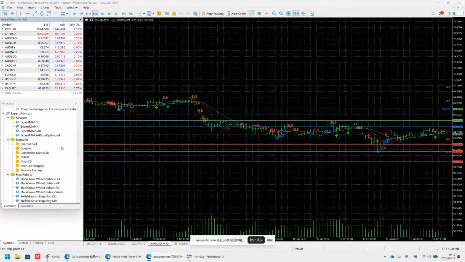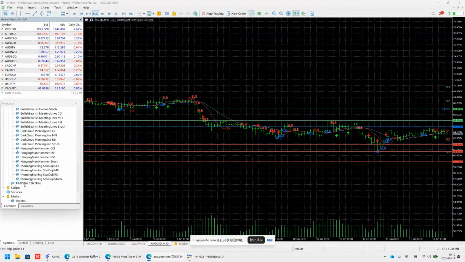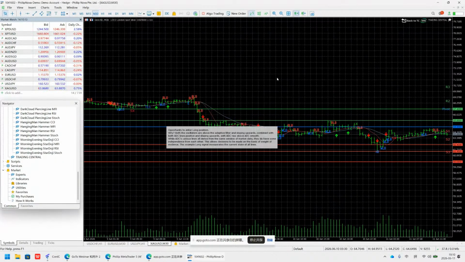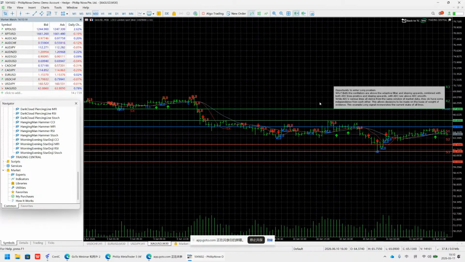Now, if we go into Expert Advisor and click on Trading Central, a new window will open.